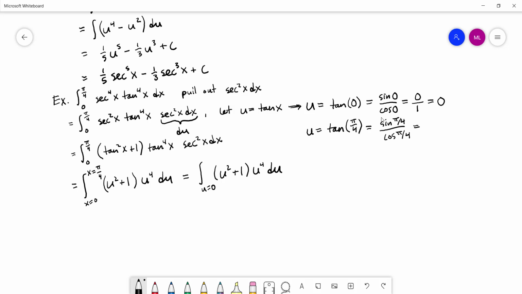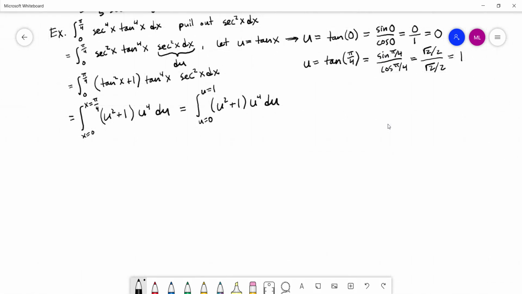Hopefully you remember your unit circle a little bit. Pi over 4, 45-degree angle, is where both the x and y coordinates, which correspond to cosine and sine respectively, are the same. And we wind up with, it turns out this is root 2 over 2 divided by root 2 over 2. Anything divided by itself is 1. And so we're going up to an upper bound of u equals 1.